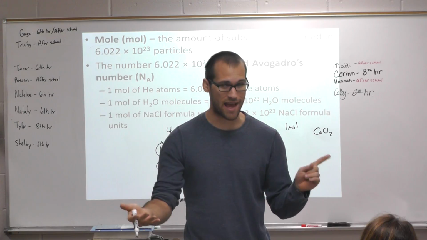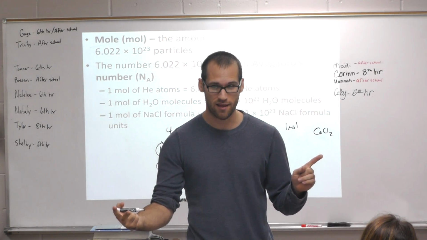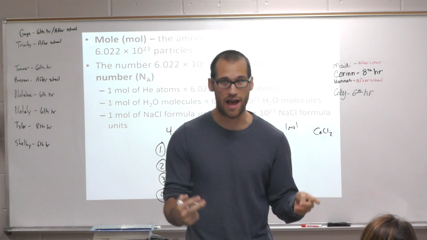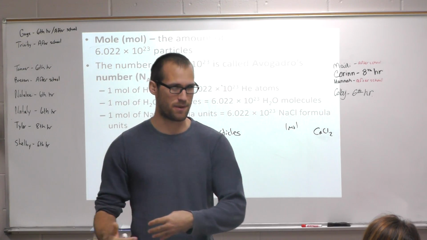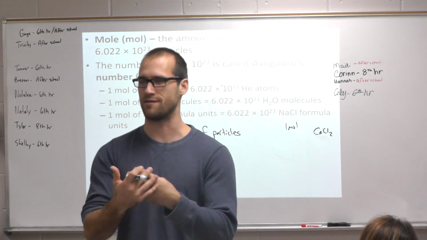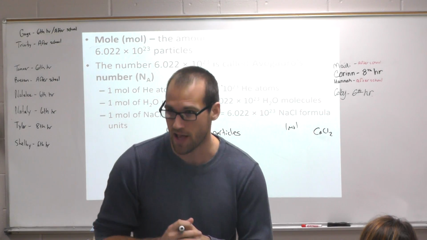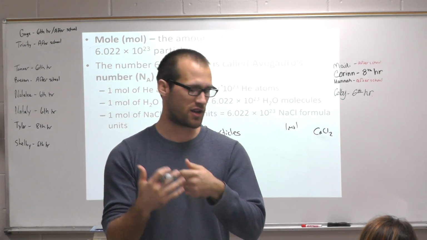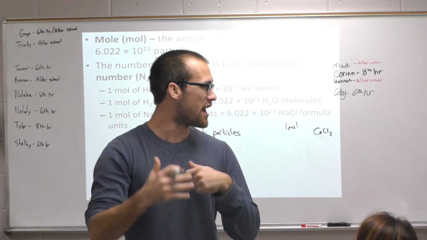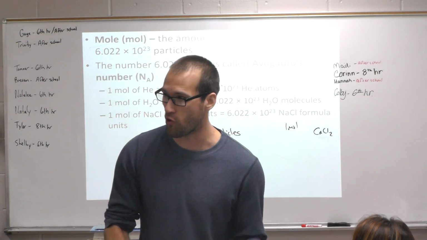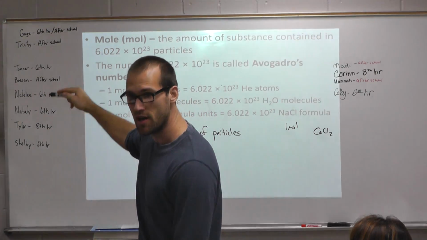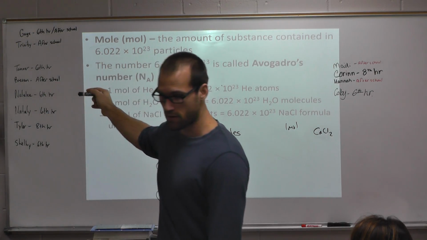If every sandwich has 2 pieces of bread, and I have a mole of sandwiches, wouldn't I have 2 moles of bread? Say you put 4 pieces of meat on every one of those sandwiches, and you had 1 mole of sandwiches, how many moles of meat would you have? 4 moles. It would be 4 times 6.022 times 10 to the 23rd.